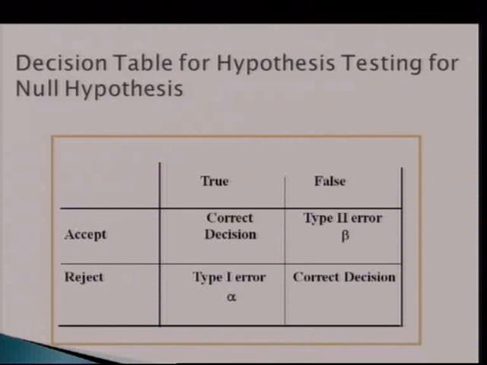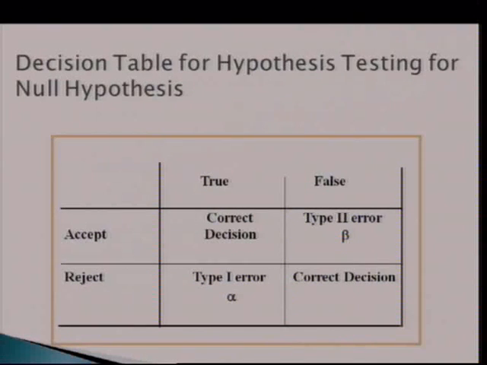And if we go for a matrix now, the decision table for hypothesis testing, normally this is in favor of the null hypothesis. So the first one, in the column, it can be true or false. The null hypothesis can be a true one, can be a false one. Similarly, we can accept or reject. This is our decision. So when a null hypothesis is true and we are accepting it, that means we are taking a correct decision.